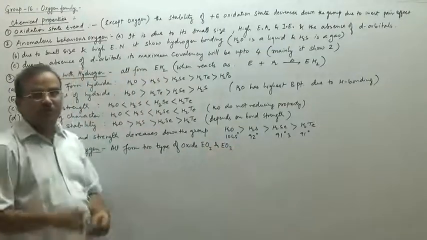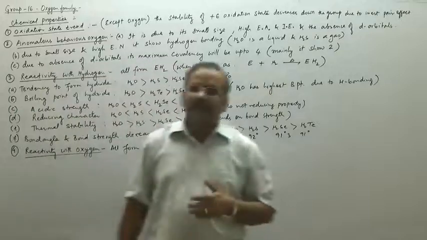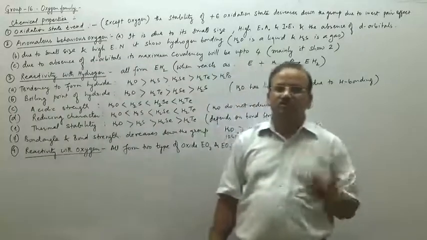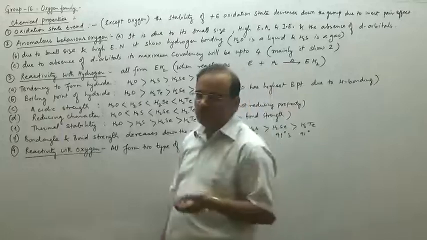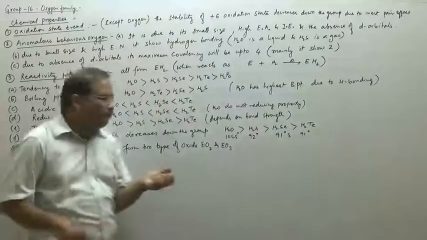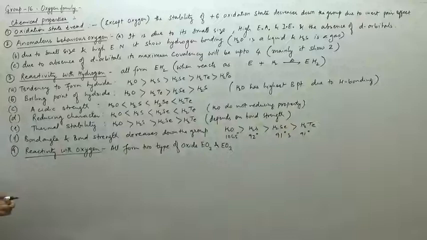These are the two types of oxides all the elements will form, except oxygen, because oxygen is already O2. So all will form two types of oxide, EO2 and EO3. SO2 and SO3 are gases, we used to say that.